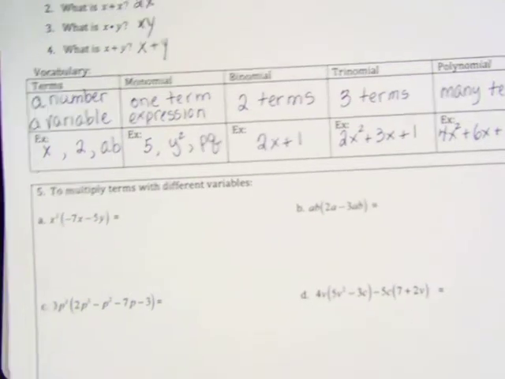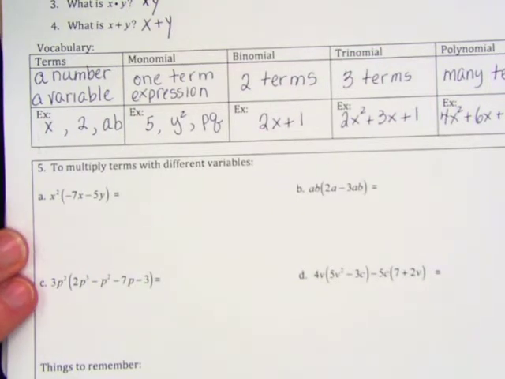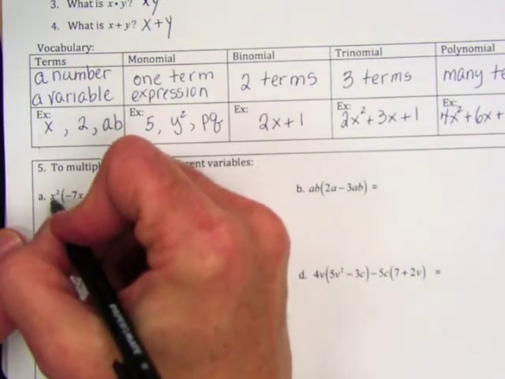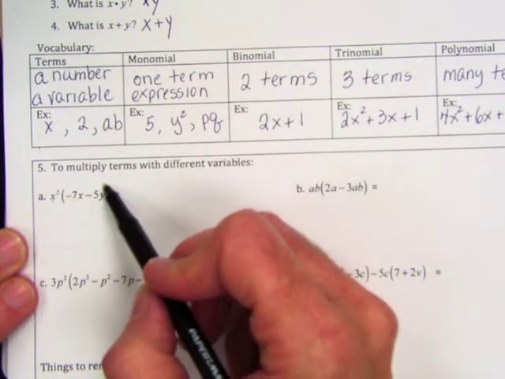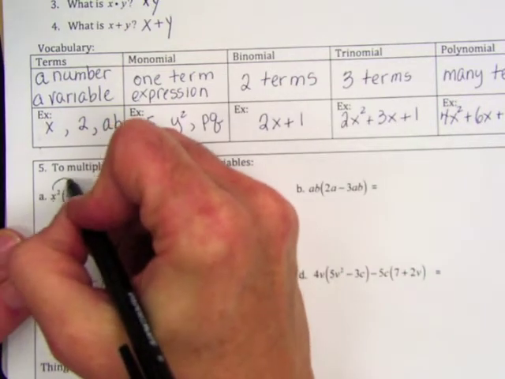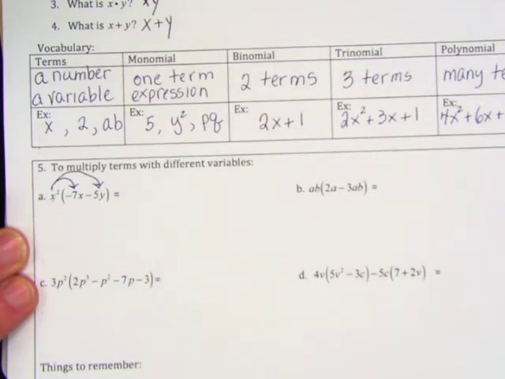When we multiply terms with different variables, we do what we did at the beginning of the year when we learned to distribute. So if there is a term or a number term in front of parentheses, we will distribute into the parentheses. And if our terms have exponents, we will follow the exponent rules.